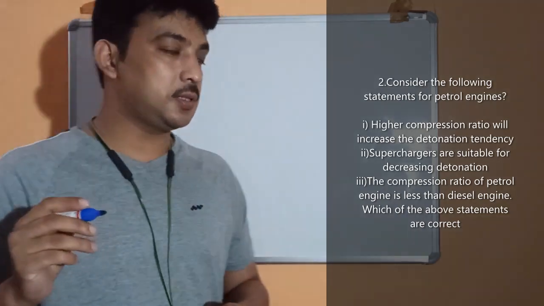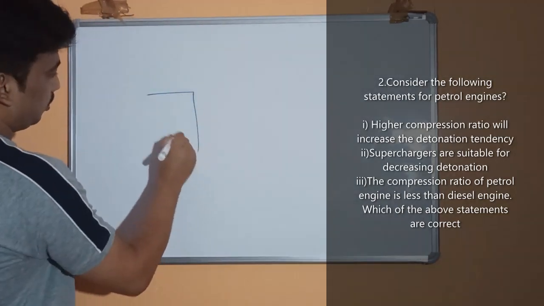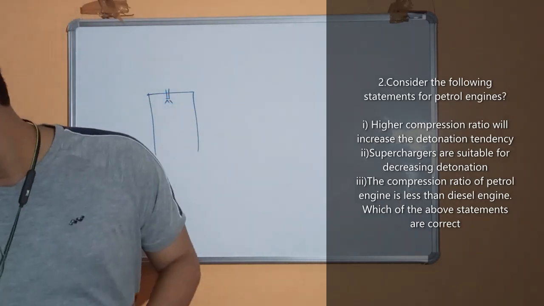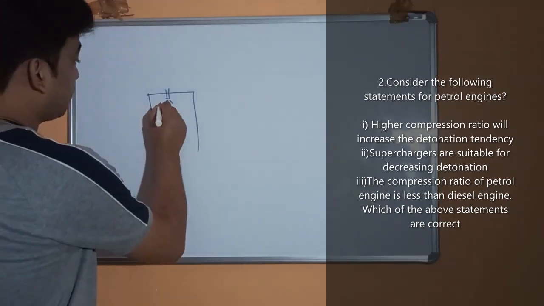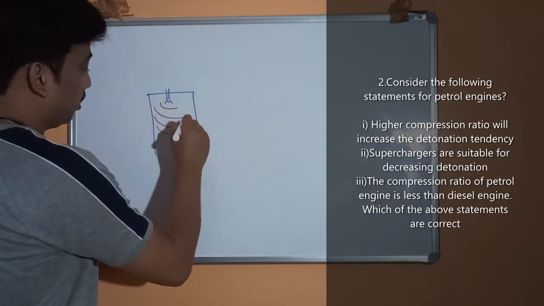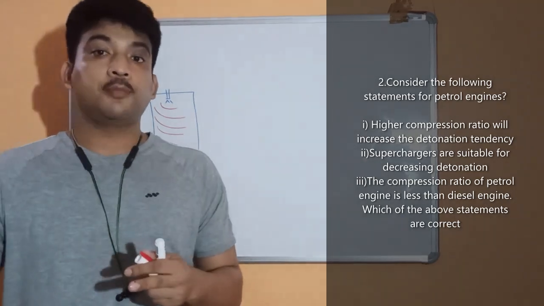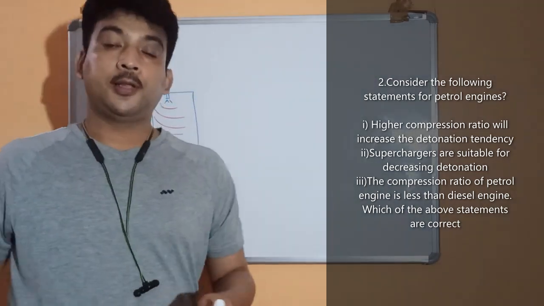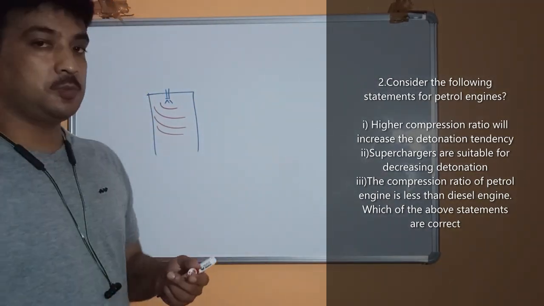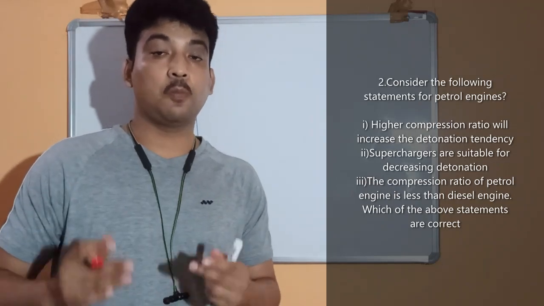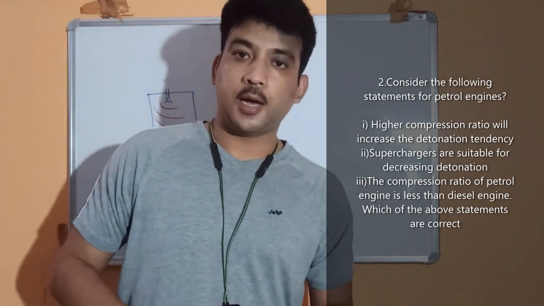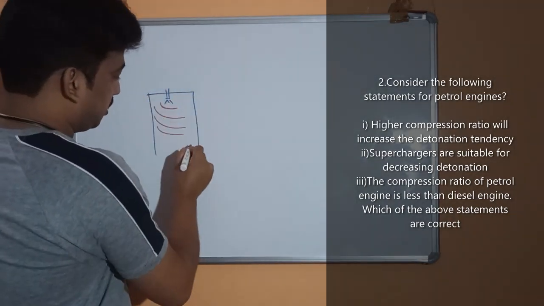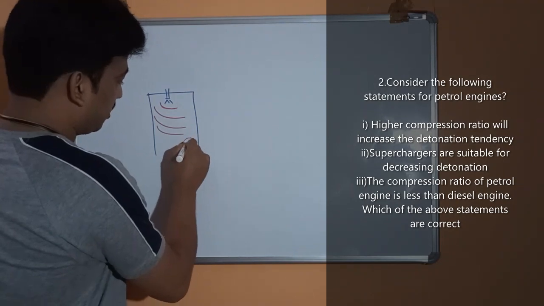Inside the engine, what happens in an SI engine? In an SI engine we have a spark plug, and because of the spark plug, a spark is generated and the flame propagates through the fuel and air mixture, burning it uniformly. But in some cases, because of a high compression ratio, the temperature and pressure inside the petrol engine are high.